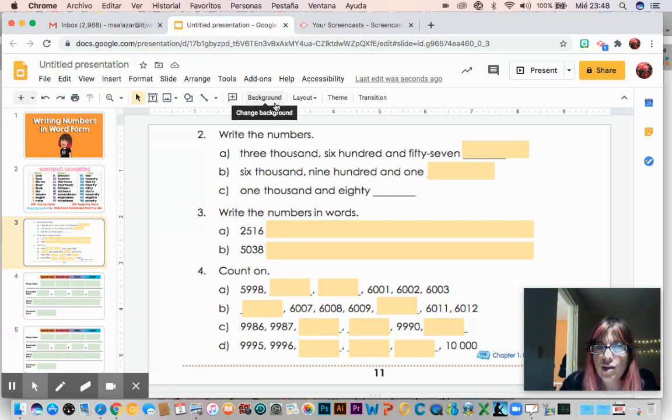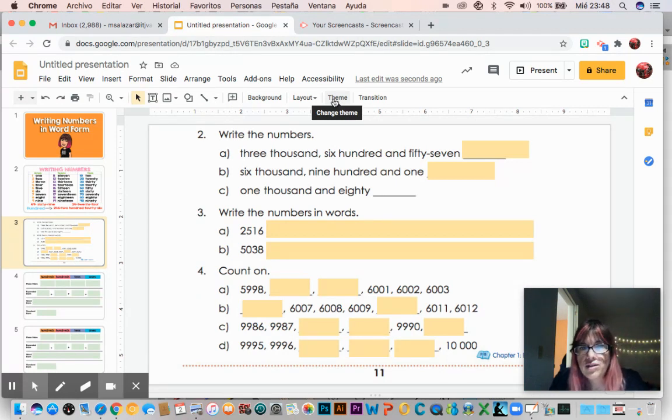So you know what you do with each little thing. Here it says change theme, layout, background, lines. This is to make lines. This is to make shapes. This is to insert an image. Later, we're going to do that. Super cool, when you do stories or something like that.